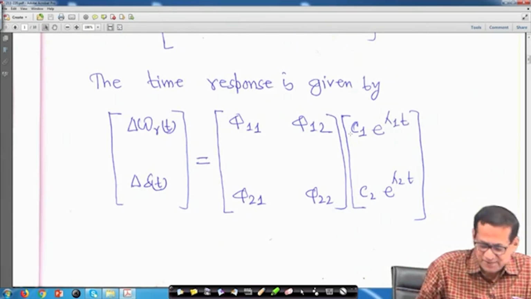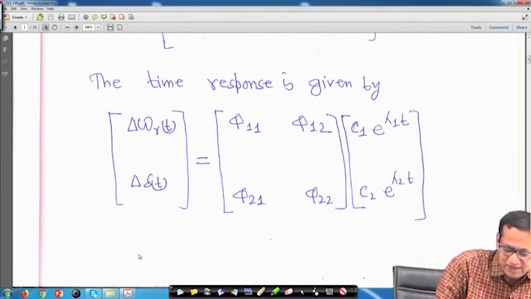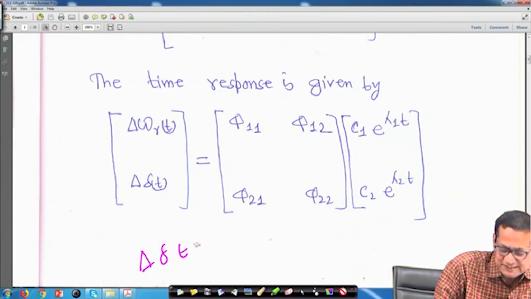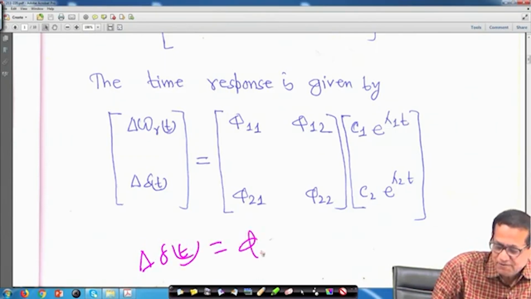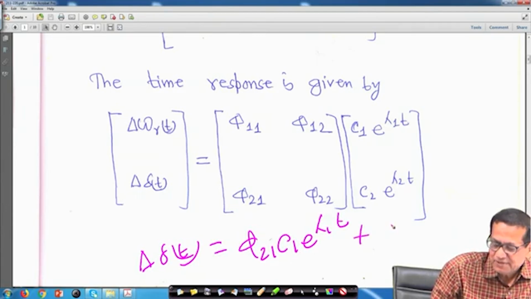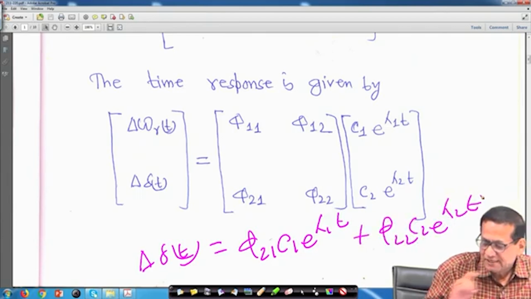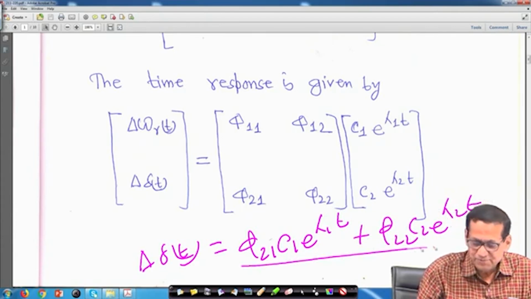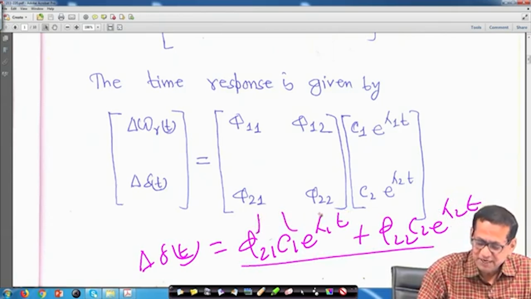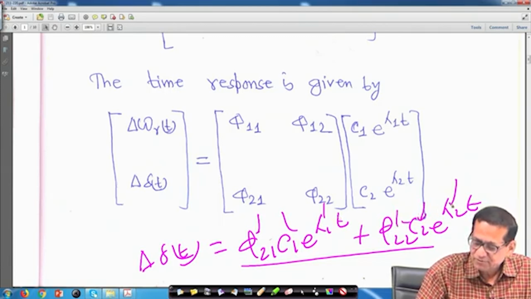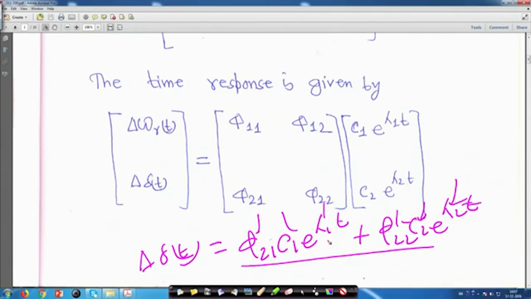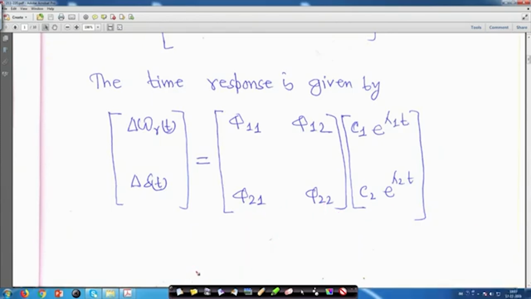I have given the final form only, but if I write it out, delta phi t will be phi 1 C 1 e to the power lambda 1 t plus phi 2 C 2 e to the power lambda 2 t. So if you put in the values of phi 1, C 1, lambda 1, phi 2, C 2 and lambda 2, then you will get the response for delta.